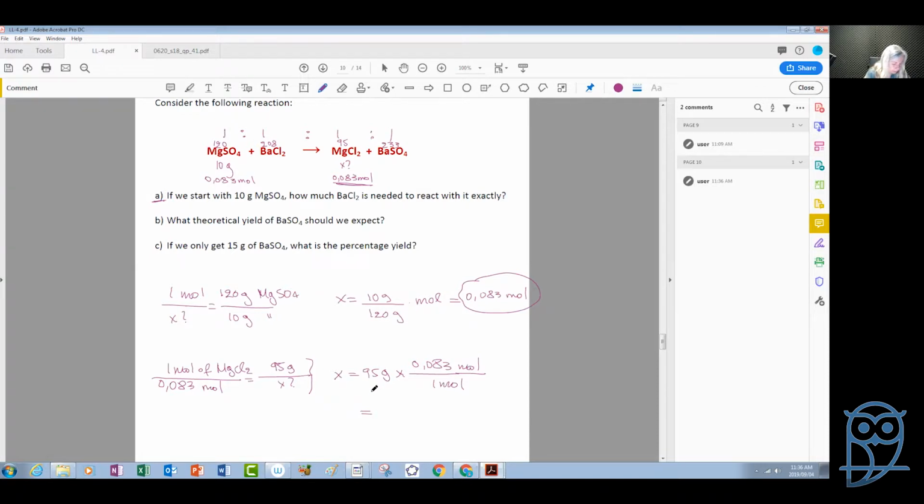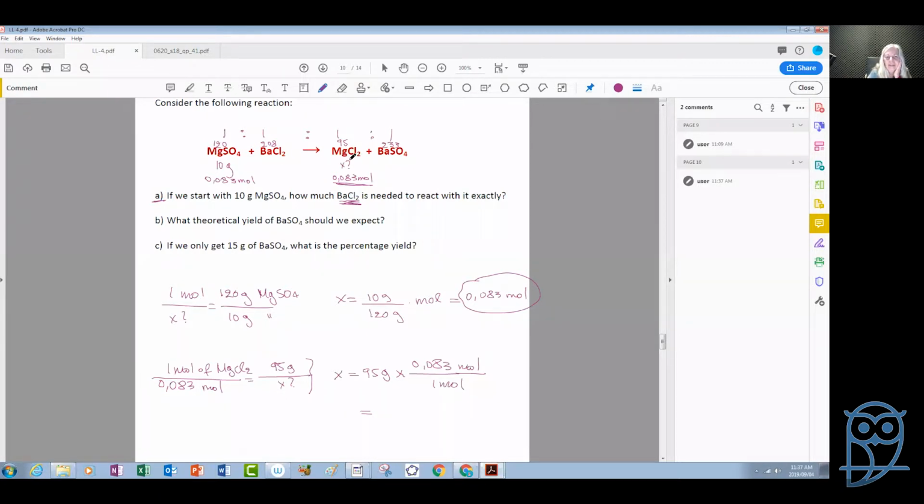Oh, sorry. Oh my goodness. Of course. Sorry, it's the mistake I made. If we start with 10 grams of magnesium sulfate, how much barium chloride, not magnesium chloride, barium chloride is necessary?